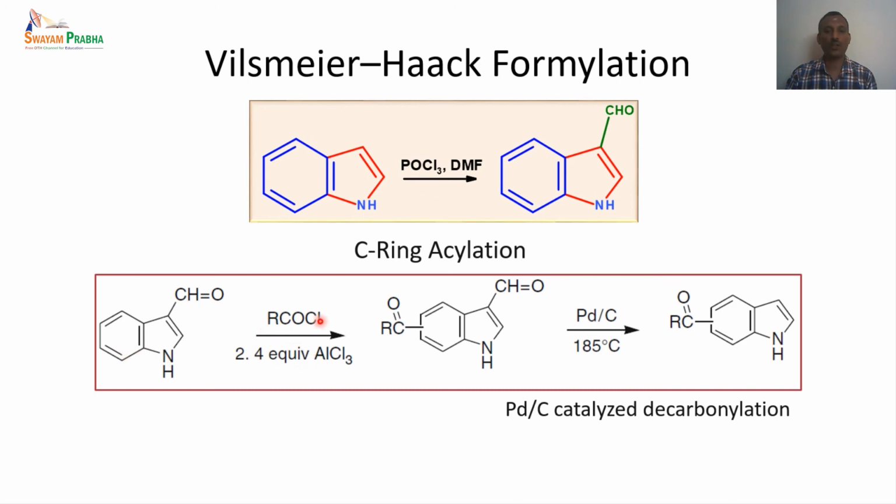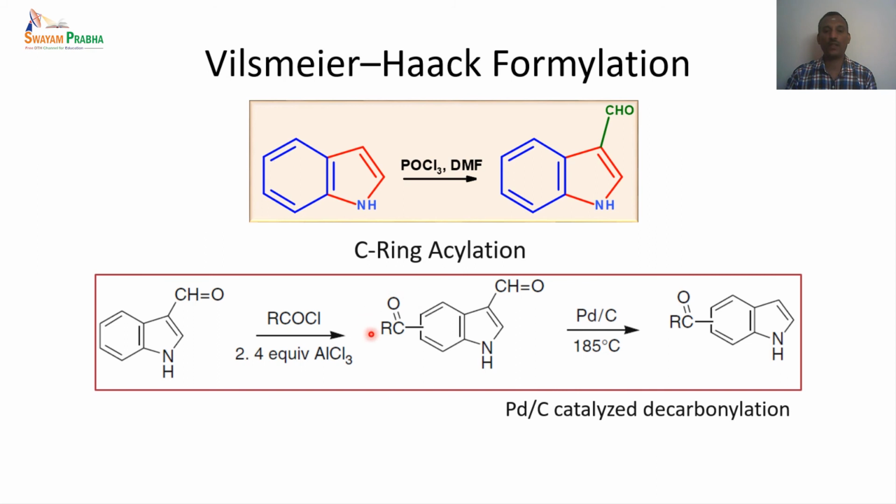So when an acid chloride is treated with 3-formyl indoles in the presence of a large excess of AlCl3, that means this is not a Lewis acid catalyzed reaction. Basically, we are using the AlCl3, which is a Lewis acid, in large quantities. So this leads to acylation on the aromatic ring.